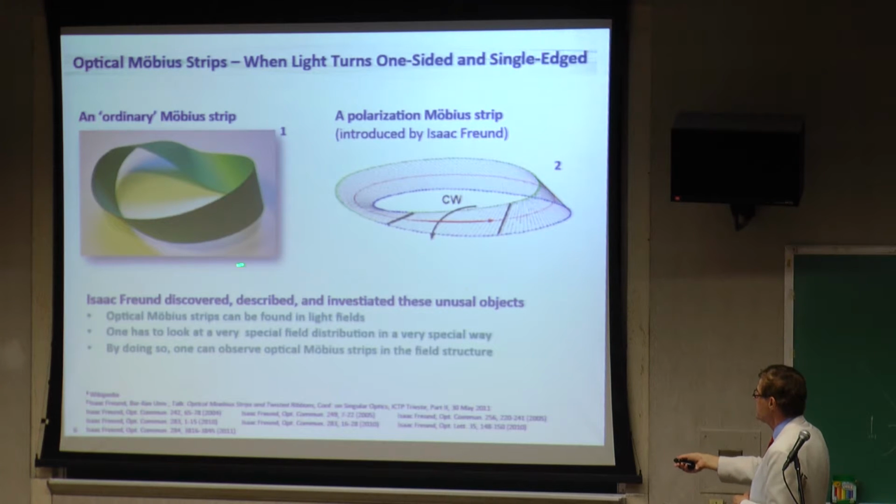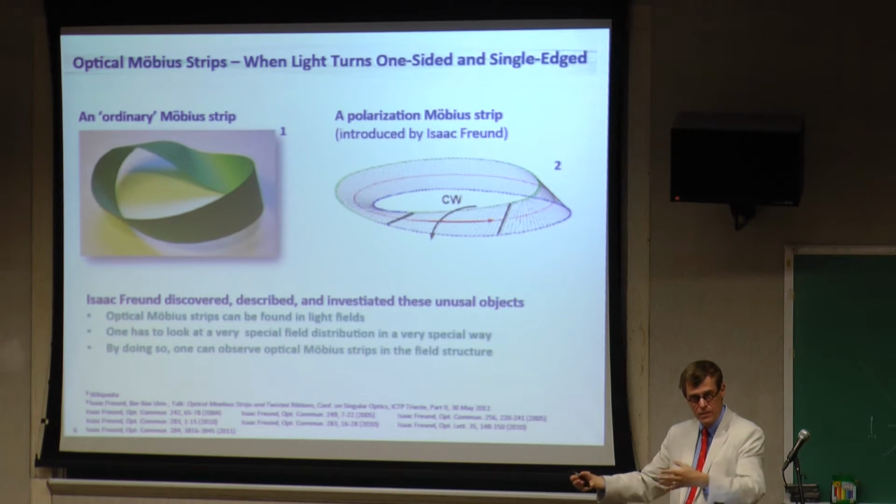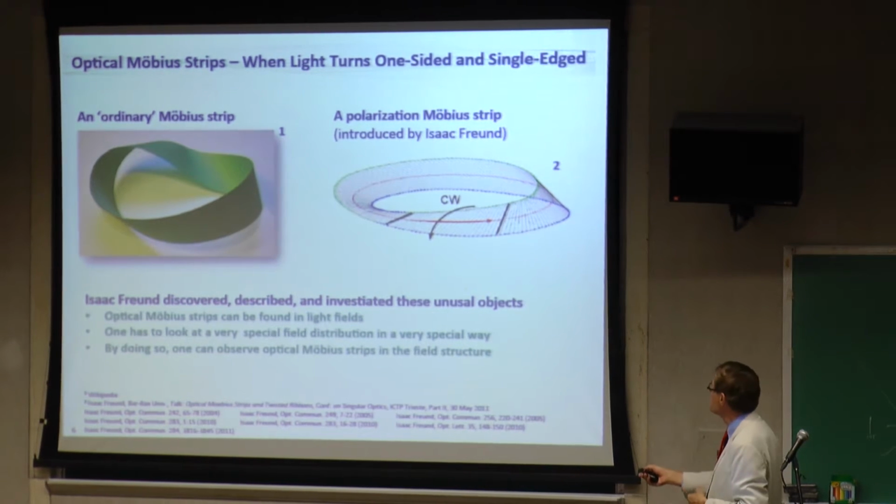Okay, so this is a standard Möbius strip built out of paper. Isaac Freund proposed a number of years ago that the polarization of a structured laser beam, tightly focused, would spontaneously form a Möbius structure.